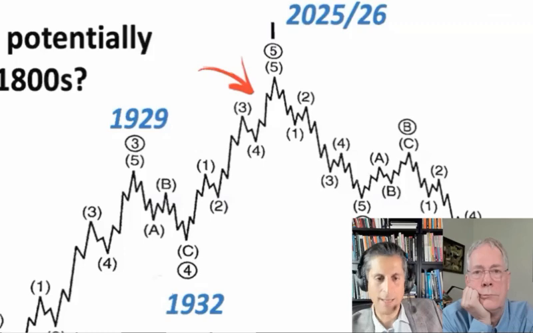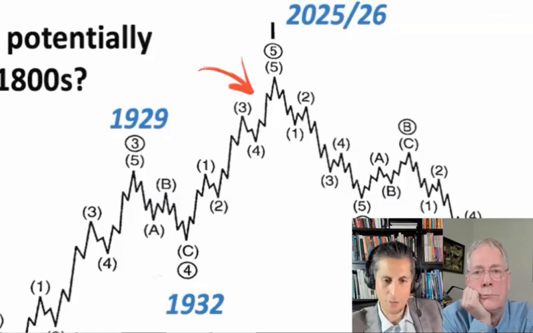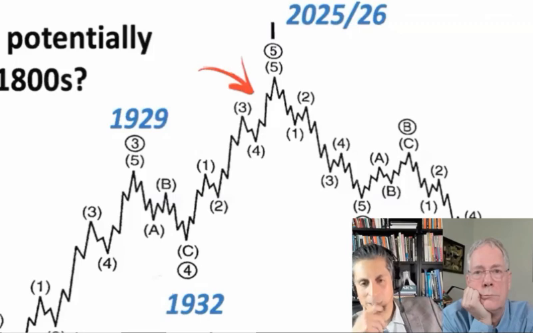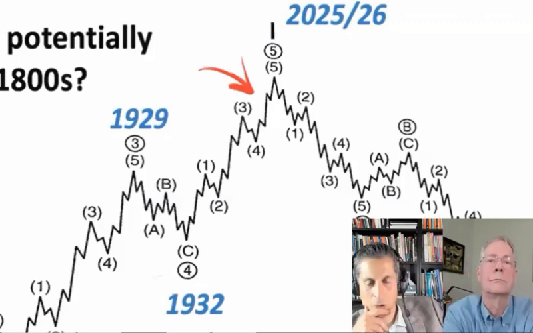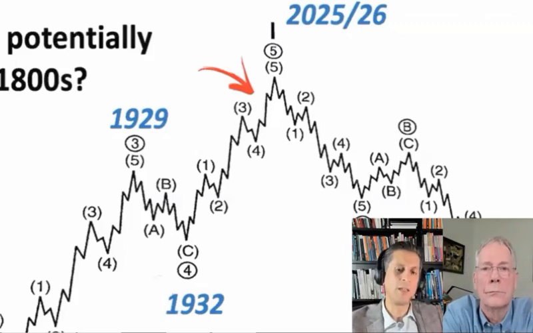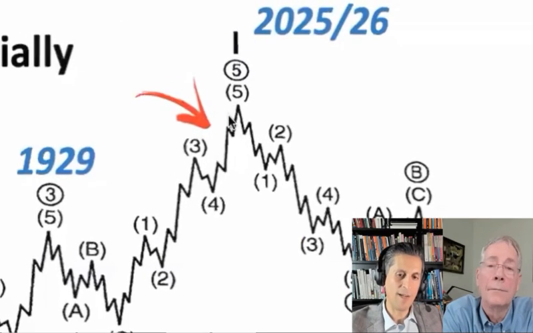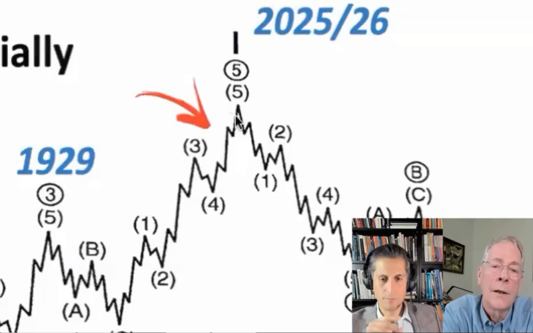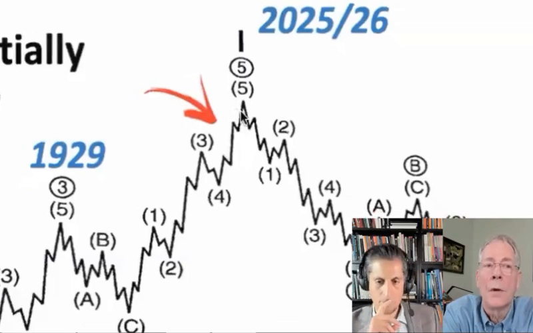Where are we now in the big picture from the 1800s? There is a 1929 crash and then a 1932 low, and there we are. My view is that we could potentially top, if not this year, then next year or 2026. But you're more expecting, I think your view is that we're already in the very final stages, the final wave 5, right there. So right or wrong, we've felt it for a while.